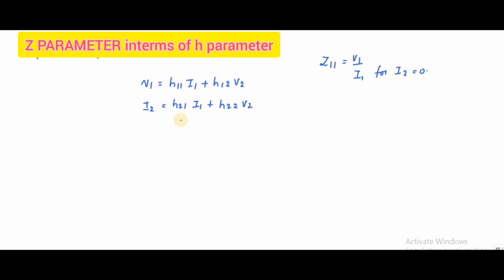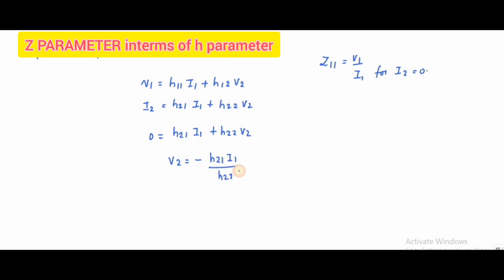If I substitute the second equation, I can get 0 is equal to H21 I1 plus H22 V2, right? So V2 is equal to minus H21 I1 divided by H22. So I substitute that in the first equation.